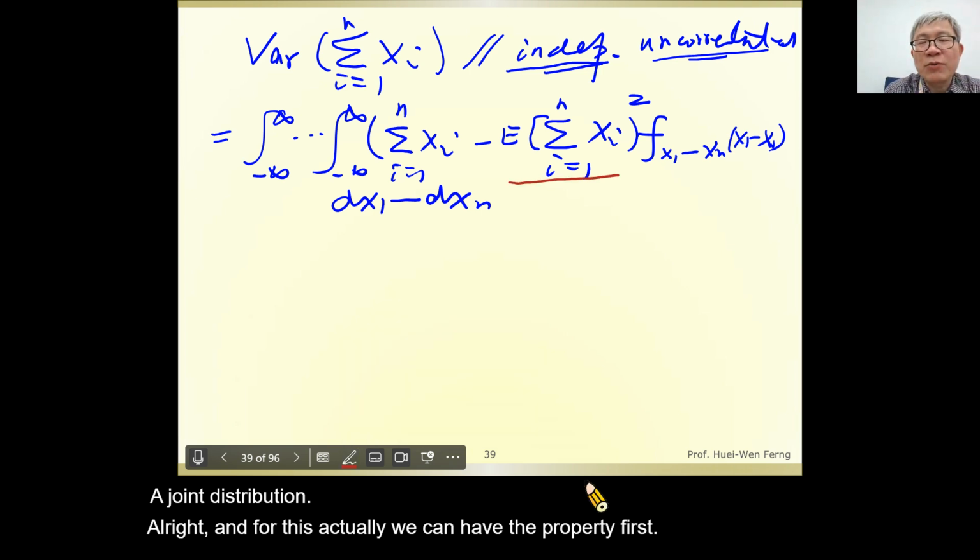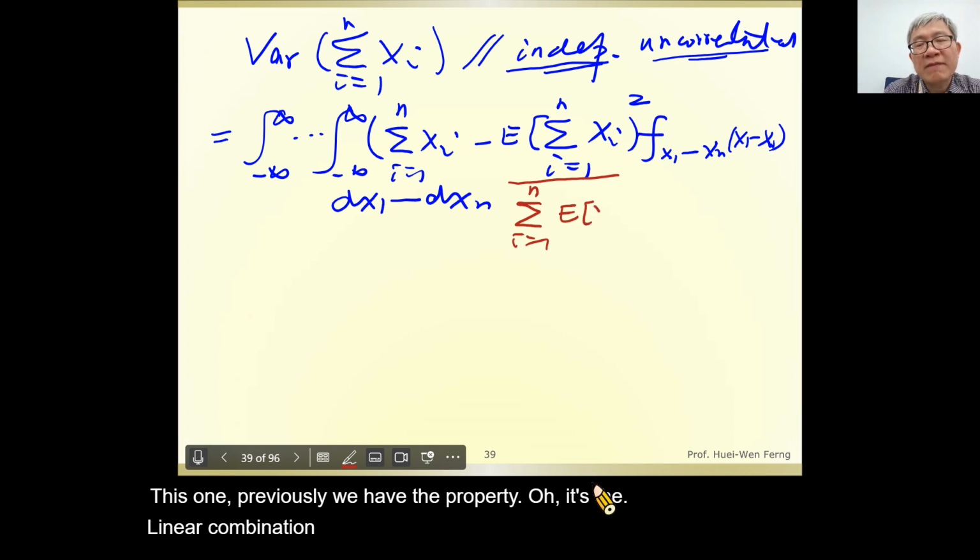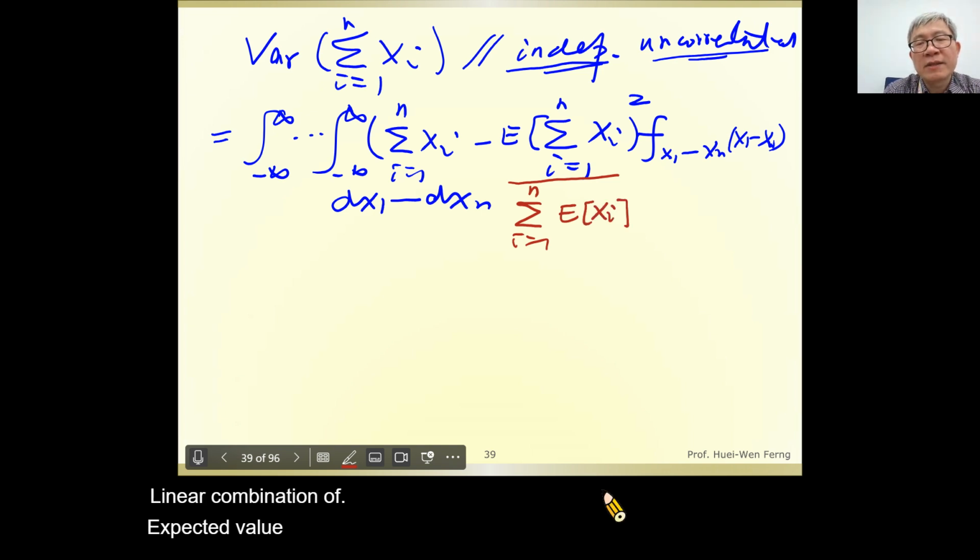Previously we have the property that the expected value of a linear combination is the linear combination of the expected values.